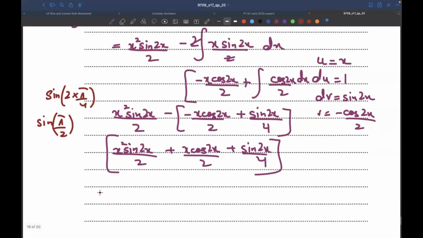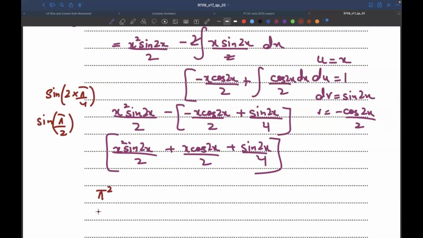So this will become pi square upon 16 into 1 upon 2 plus pi upon 4. Cos 2x will become, again, when we write x is equal to pi upon 4, that will become cos pi by 2, which is 0. So this whole term will become a 0, so we don't have to write it down. And then sine 2x is 1, so this will become plus 1 upon 4.